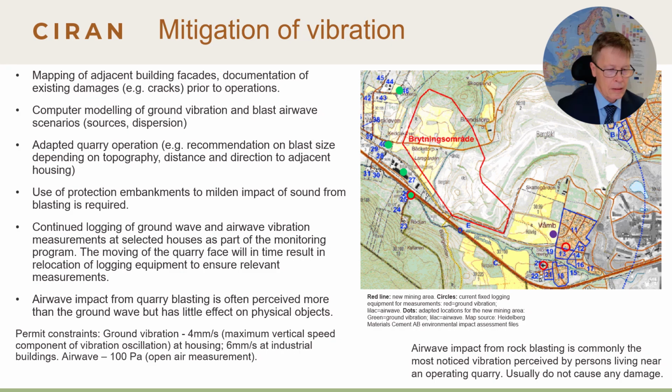Permit constraint is that ground vibrations are no more than 4 millimeters per second maximum vertical speed component at housing, 6 millimeters per second in the industrial buildings. The airwave should have no more pressure than 100 Pascal in open air measurements.